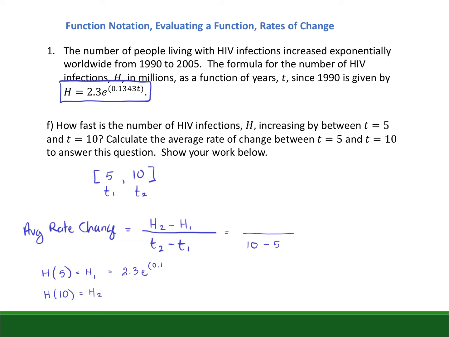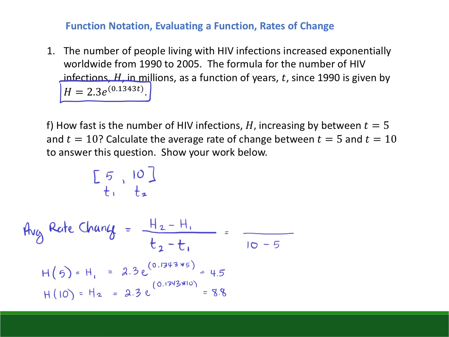Wherever we see t, we input that value, so the first one is 5, and then the same when t is 10: 2.3 times e to the 0.1343 times 10. So h of 5 is equal to 4.5 million cases, and h of 10 is 8.8 million cases.